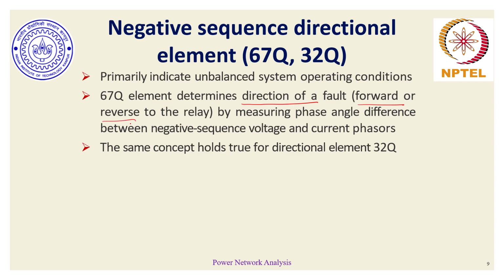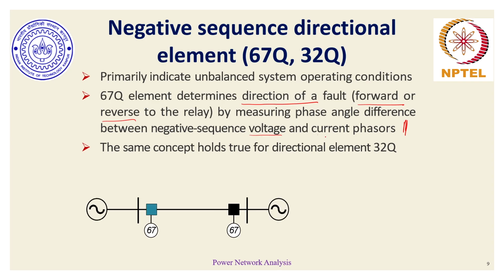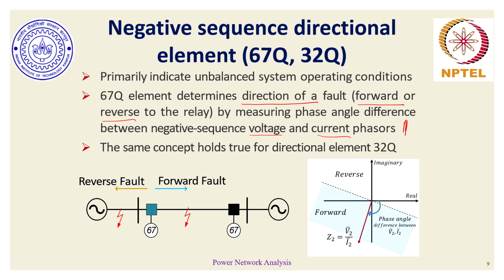And going by the distance element philosophy, 67Q again tends to get an assessment of this negative sequence current by comparing the negative sequence voltage and current phasors. So typically in a synchronous generator based setup, 67Q would very well be able to compare the ratio of voltages and current, and clearly segregate the reverse faults from the forward faults.